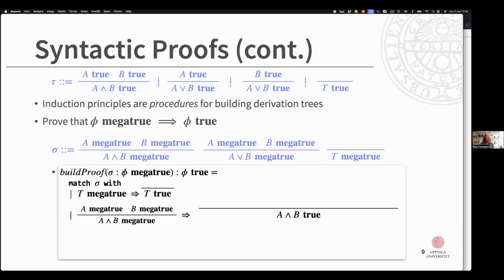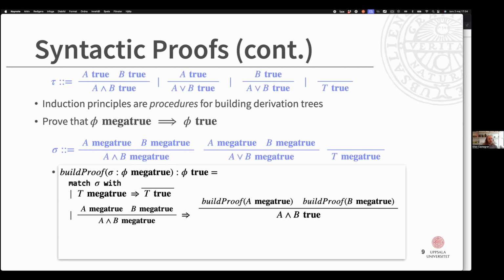So we have a suggestion here: recursive calls to build proof. Exactly. We know that we have a function, we're defining this function, which takes a proof of phi megatrue and produces a proof that phi is true. And from this pattern matching, we saw that we have a subtree that shows A megatrue.